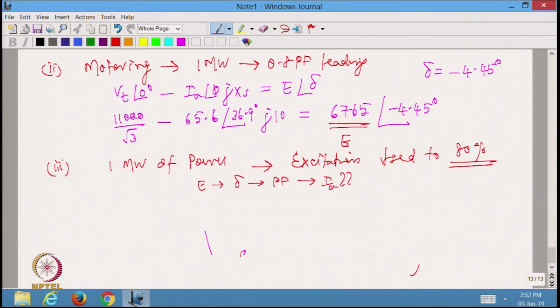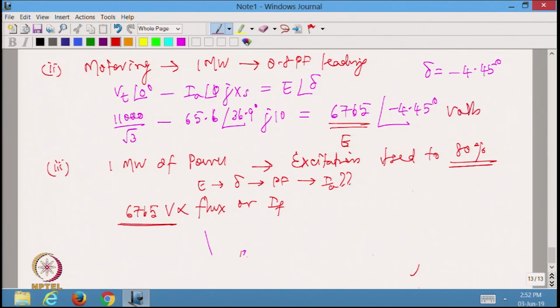Now here we got E to be 6765 volts, and this is proportional to the flux or IF. When it was 100% flux, I had 6765 volts.